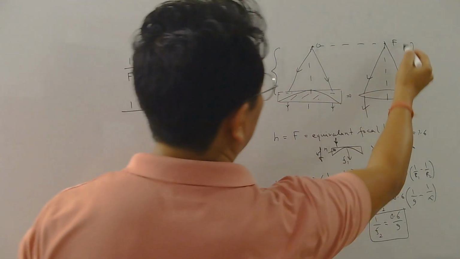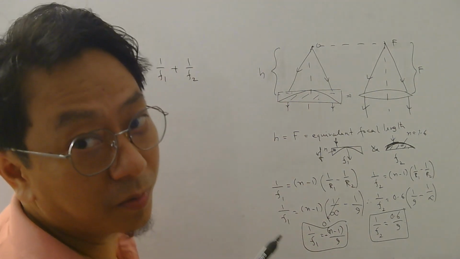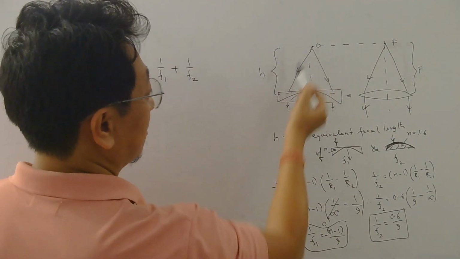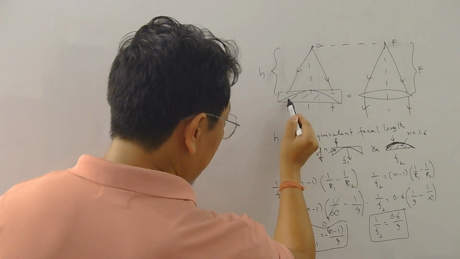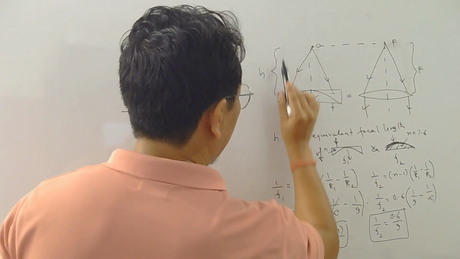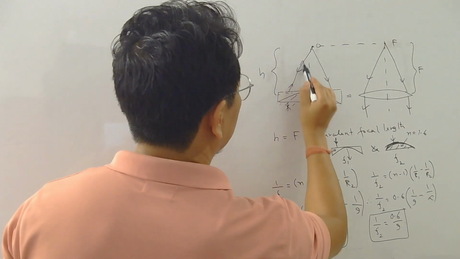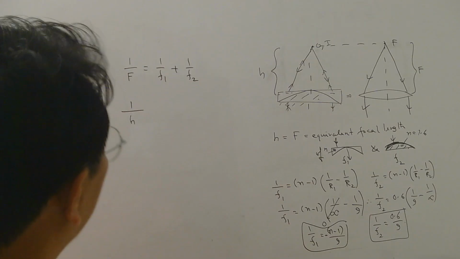What should be the equivalent focal length of these two systems? h. And I hope you understood why. Because light has to retrace. So this light that comes out must come this way, perpendicular to the mirror here. Then after reflection, it will go back like this. Then the image will be formed at the object itself.